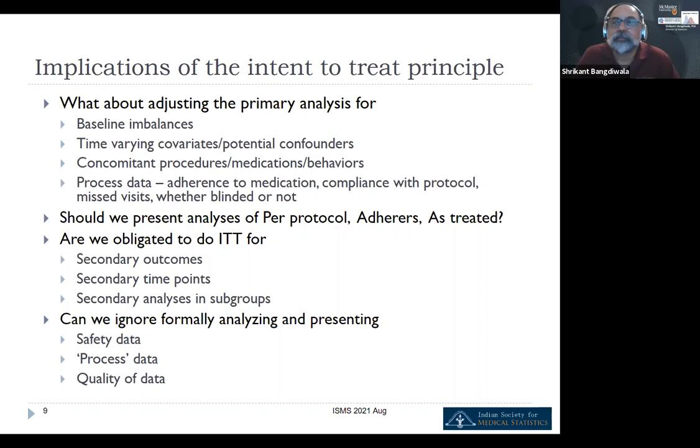Because they think it's not important. It's usually mentioned if the regulatory agency asks for it. But in a manuscript, it usually is not mentioned.